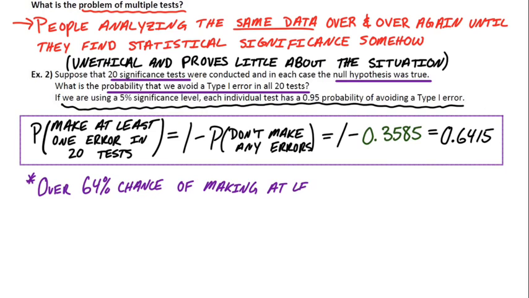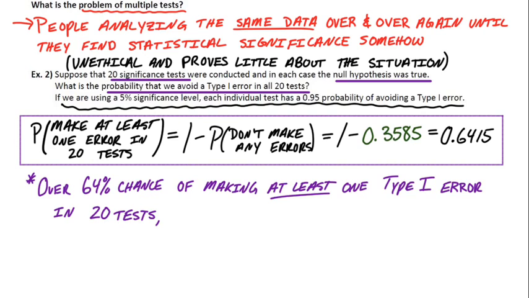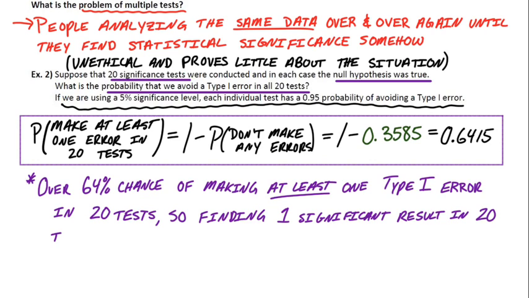So like I said, the majority of the time, you can expect to make at least one error if you're running 20 tests. So we have over a 64% chance of making at least one of these type 1 errors in 20 tests. So finding one significant result shouldn't surprise us.